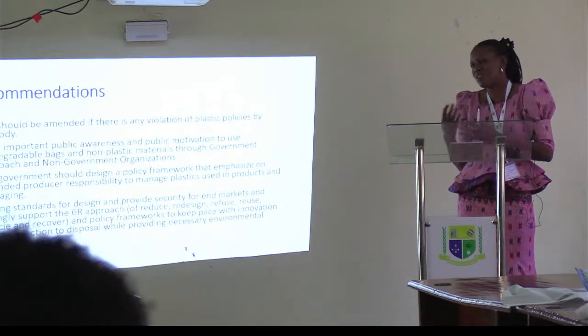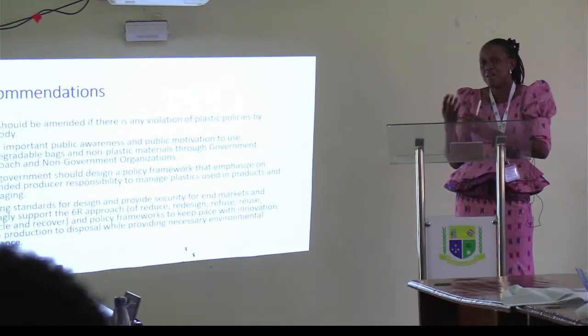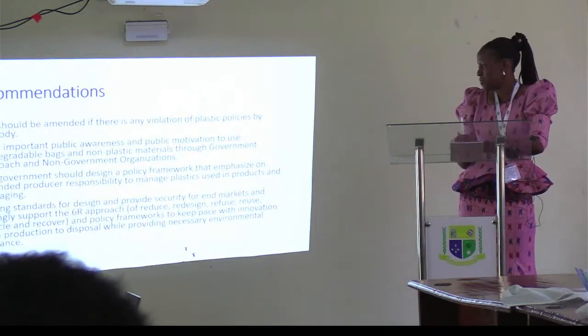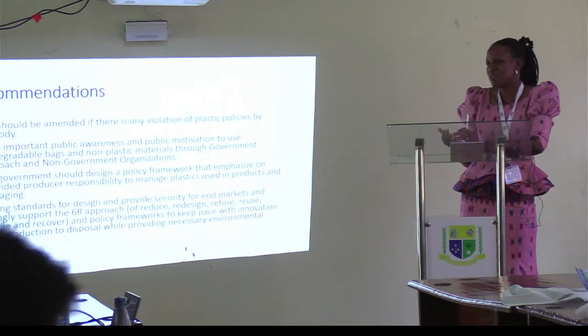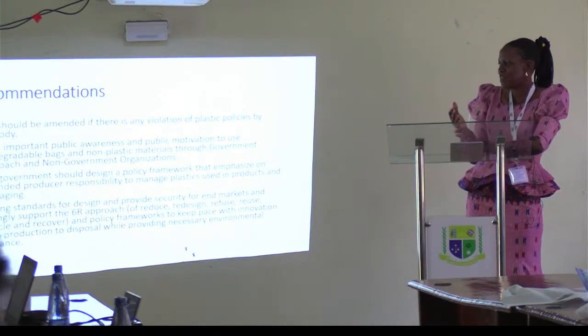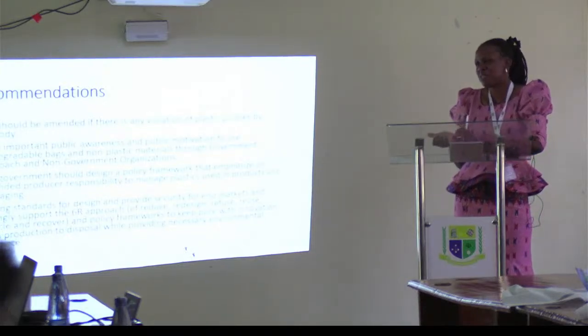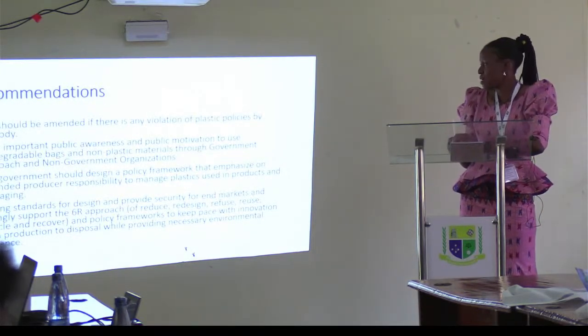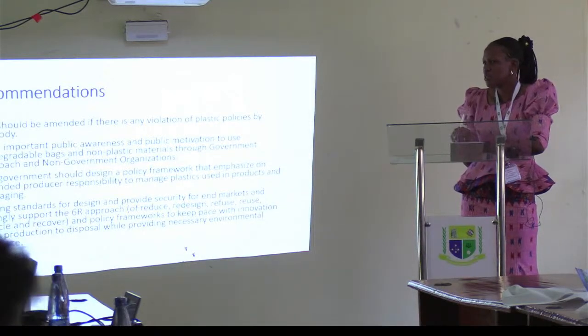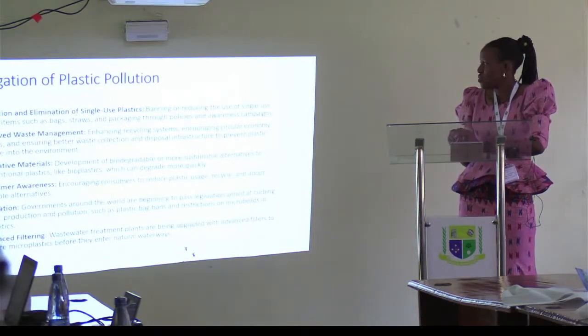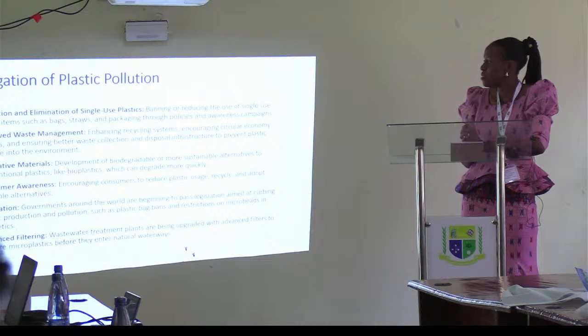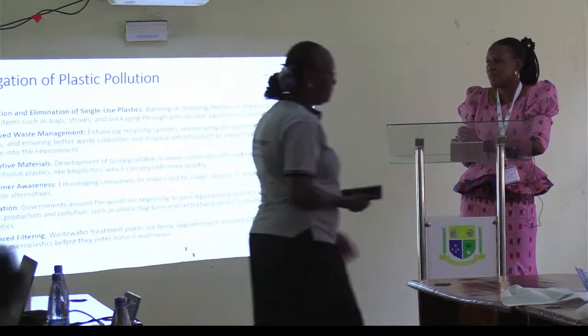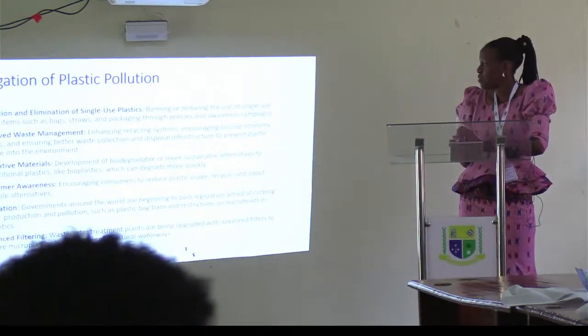So we need innovations in the products that we are going to use. If we can't stay away from the plastic, let's buy a biodegradable bag. That way we can be sure of what we are using. We could also look at some ways of mitigating plastic pollution.